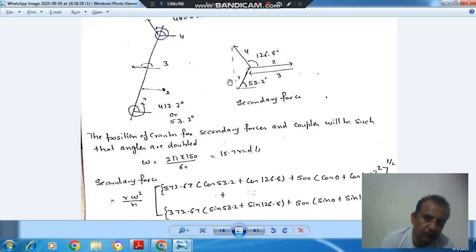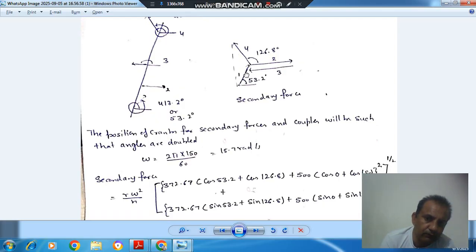This will represent the unbalanced secondary force. The value of M1R1, M1 is known, R1 is known, so it is known. The value of M3R3 and M2R2 is the same, as in the previous question. Now this is your M4R4. So now we have to show only this M1R1 and M4R4.